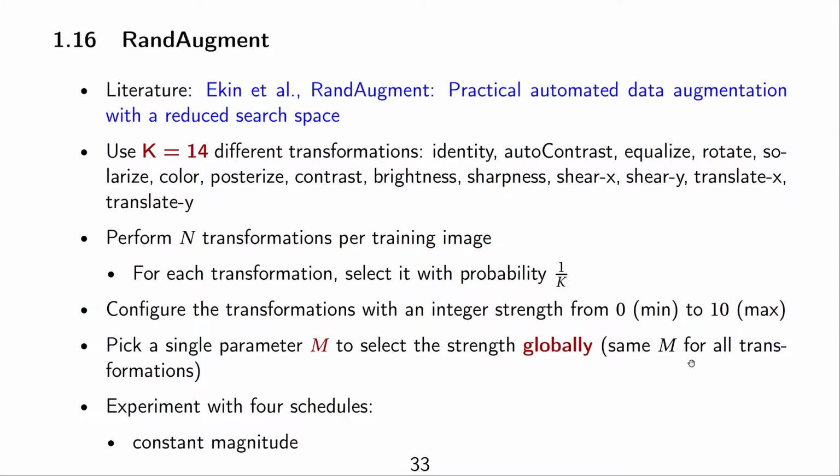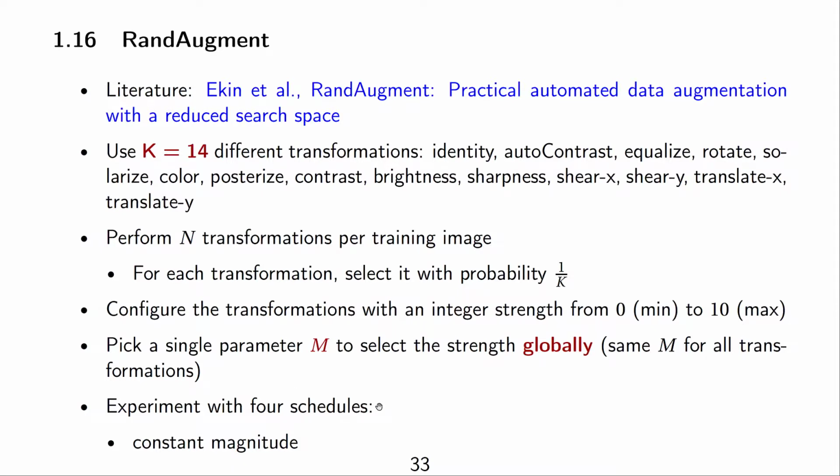This means we have an augmentation strategy that has only 2 hyperparameters: n, the number of transformations applied, and m, the strength of the transformations. What the authors propose then is to simply use grid search.